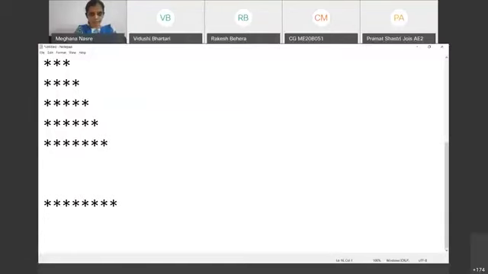Go to the next line. Draw 1 asterisk only. Give 6 spaces. And 1 more asterisk. Repeat this second line 3 more times.